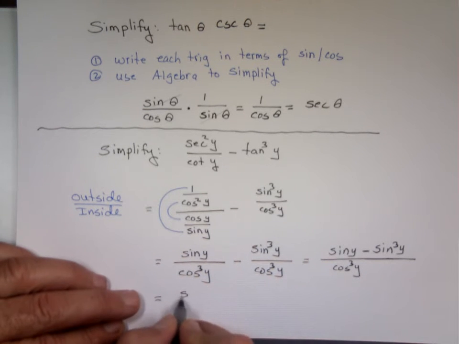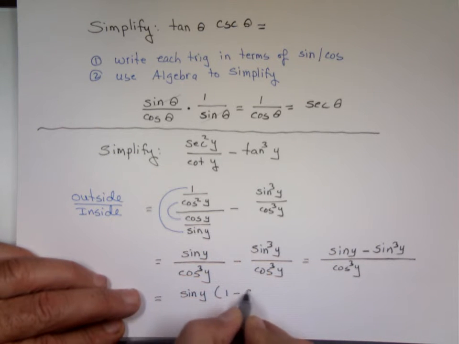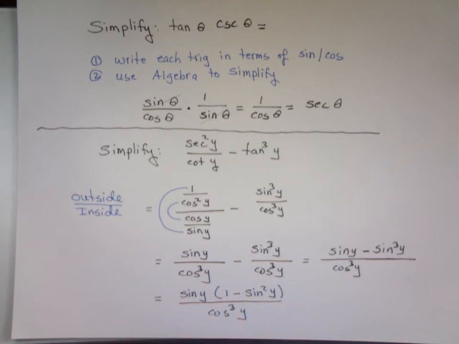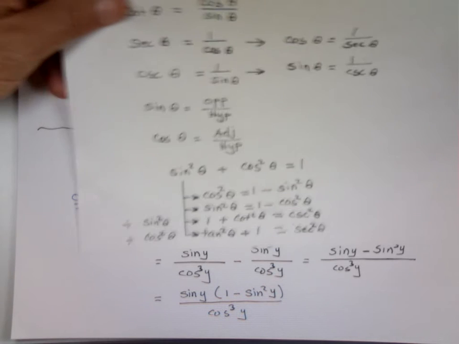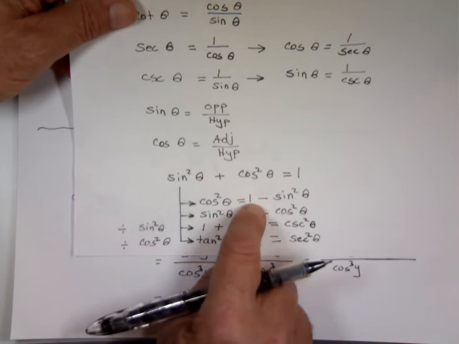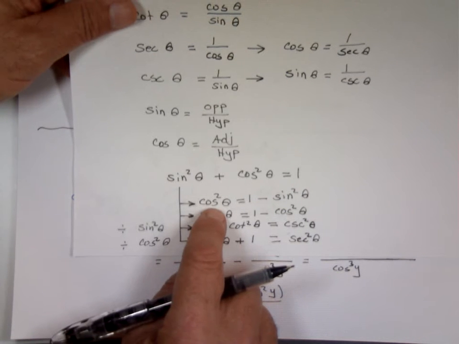So if I take a sine out, what's left? 1 minus sine squared y. Now let me bring in the trig identities that we did. 1 minus sine squared, what do you know? It's the first one here. Equal what? Cosine squared y.